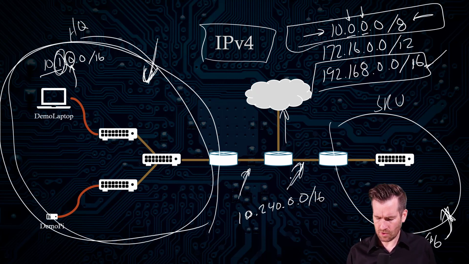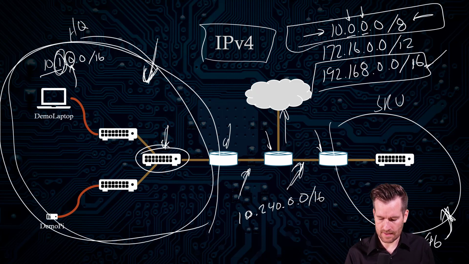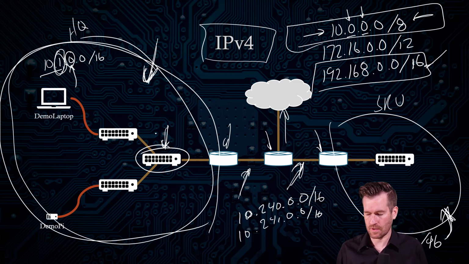And then all of my layer 3 devices, which are these devices right here, and I'm actually going to make this switch a layer 3 device as well at some point, I want loopback addresses for those. So I'm going to create a loopback range of 10.241.0.0/16 for the loopback addresses for those machines.